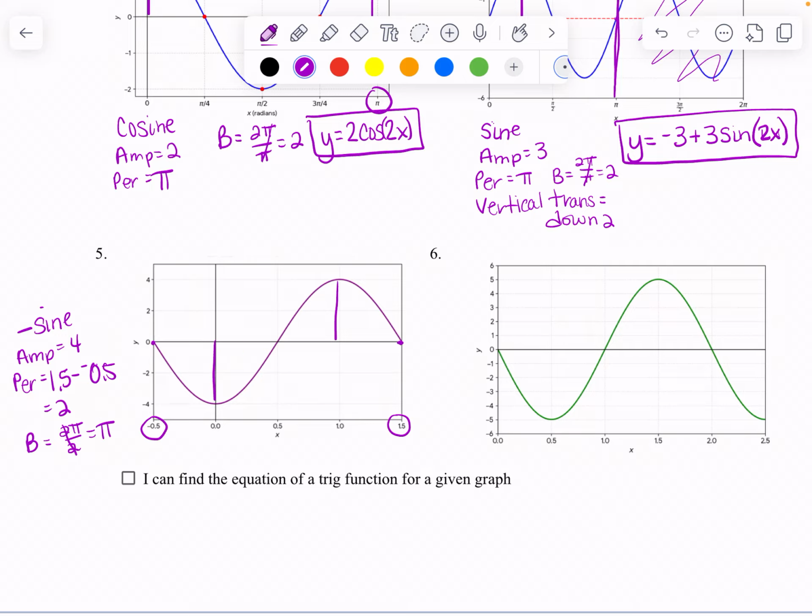Now I need to find c. Well, my phase shift was negative c over b. So if I solve this for c, c is negative b, or negative phase shift, it doesn't matter, times my phase shift. This right here is my phase shift.